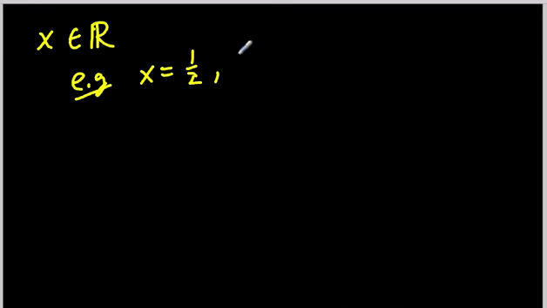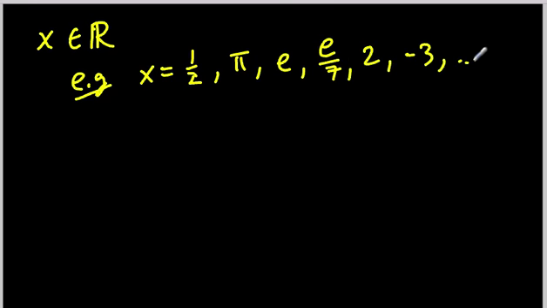It can equal an irrational number like pi, another irrational number like e, or even e over 7, which is still irrational. 2, -3, basically almost any number that you know of, because the real number system comprises both the rational and irrational sets.